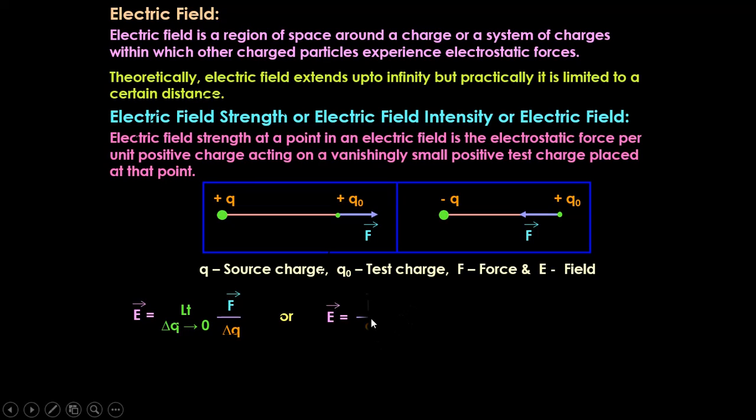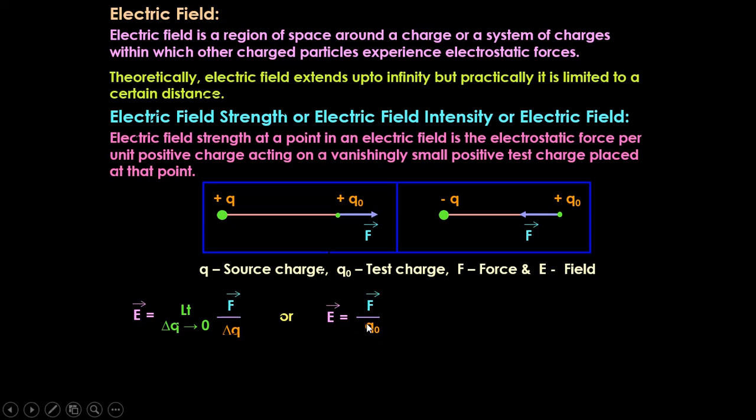Here we can write this expression by removing the limit: equal to F upon Q naught. Here we should not take delta Q, because delta Q is needed only when there is a limit. So if we drop the limit, you simply take Q naught.